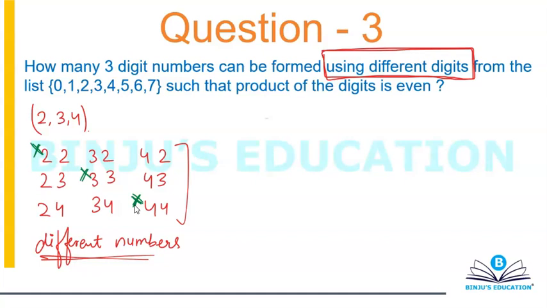Now what's the question? We want the product of the digits to be even. This question includes 2 concepts. One is from the number system, that the product of the digits is even. Another is PNC. If you want the product of the digits to be even, you want at least one digit to be even.